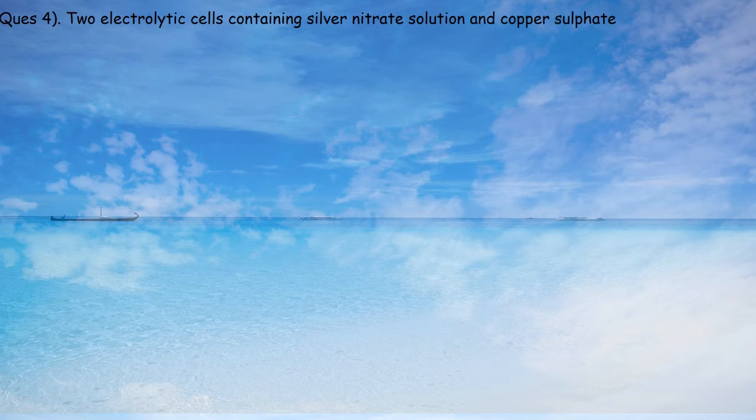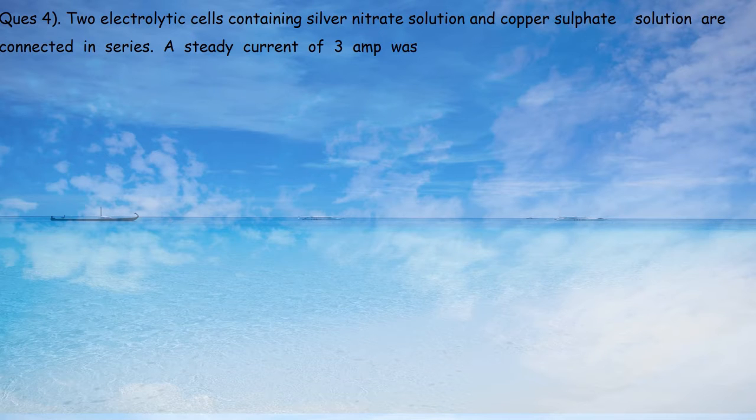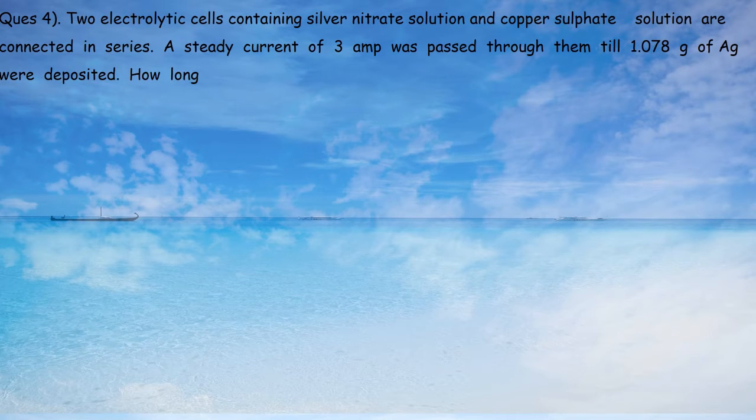Now the question is, two electrolytic cells containing silver nitrate solution and copper sulfate are connected in series. A steady current of 3 ampere is passed through them till 1.078 grams of silver is deposited.